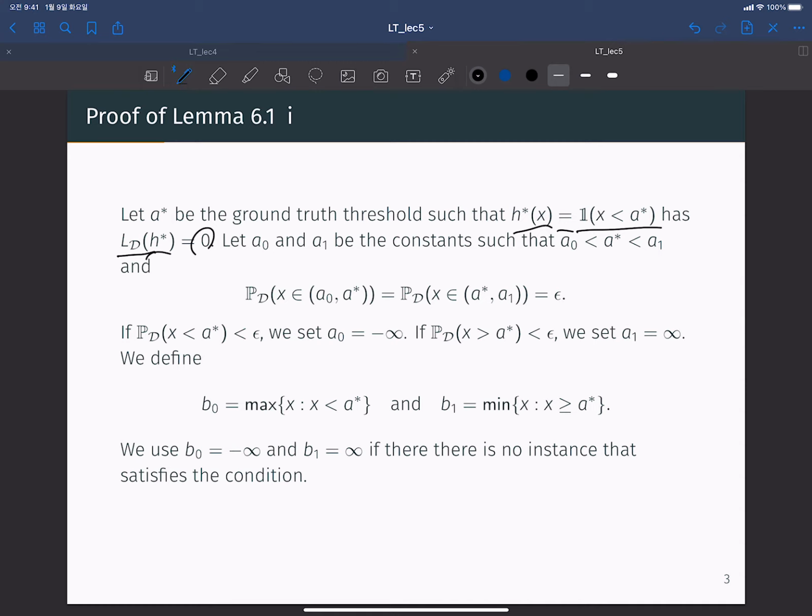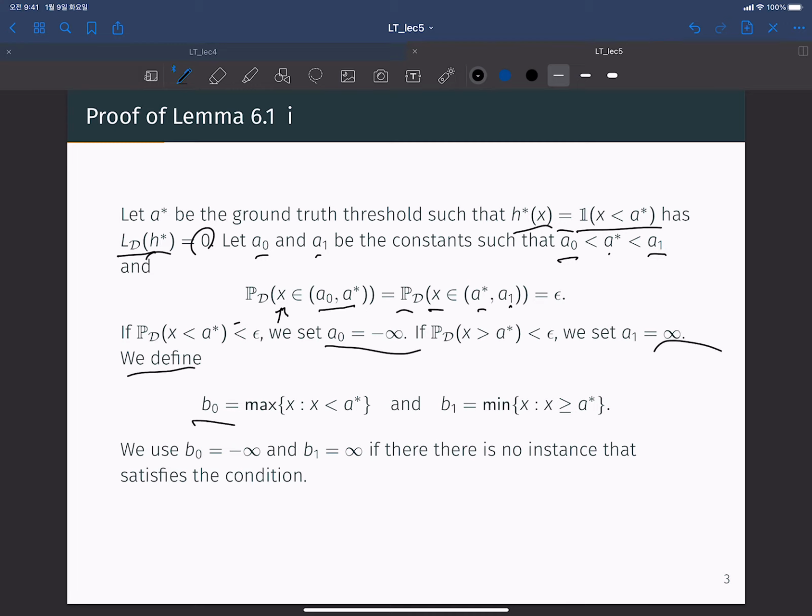Let a0 and a1 be constants such that a0 is less than a star and a1 is bigger than a star, and the probability of x in the interval a0 to a star, and likewise in a star to a1, is equal to epsilon under the data generation distribution. If there are no such a0 and a1, let's just use minus infinity and infinity.